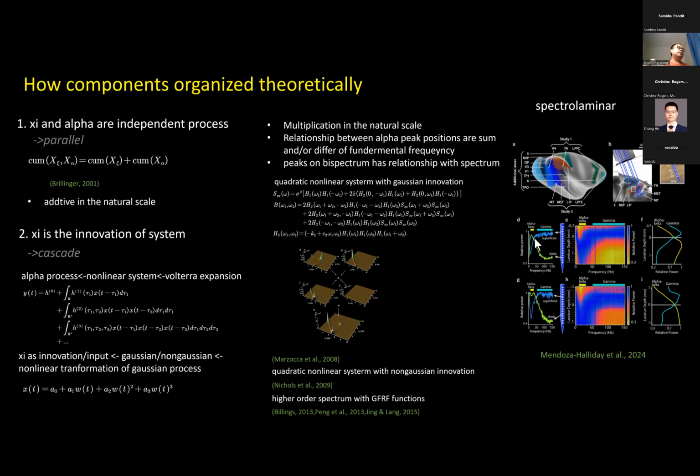We only know the processes are generated from different layers of the cortex through laminar studies. The C process and the high gamma process are generated from the shallow layers, like the first and second, and the alpha process is deeper, in the fourth or fifth layer.